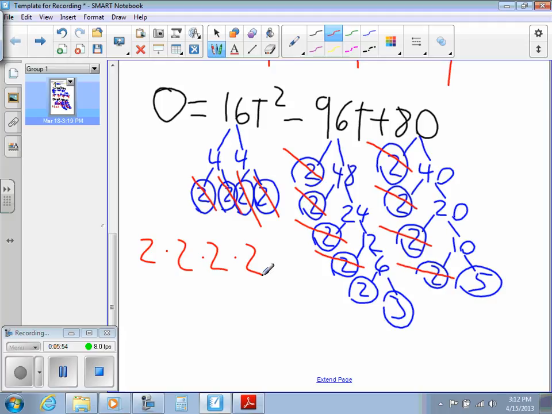So 2 times 2 times 2 times 2, that's 16. I'm going to factor out a 16. So I now have 0 equals 16 times t squared minus, 2 times 3 is 6, minus 6t, and then plus 5.